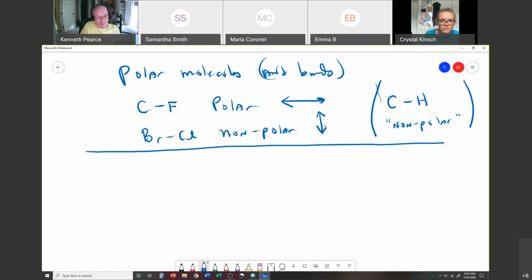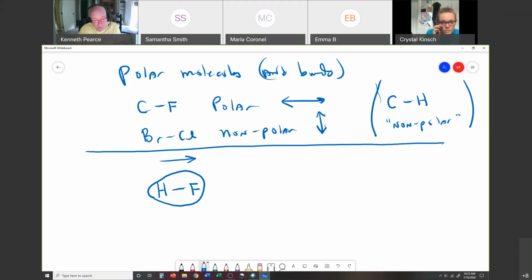So let's take the simplest possible molecule, HF, and what that means is fluorine is a lot more electronegative than hydrogen, so the electrons are going to tend to be drawn towards the fluorine. And if the electrons are drawn more towards the fluorine, the end with the electrons, because what's the charge on an electron?